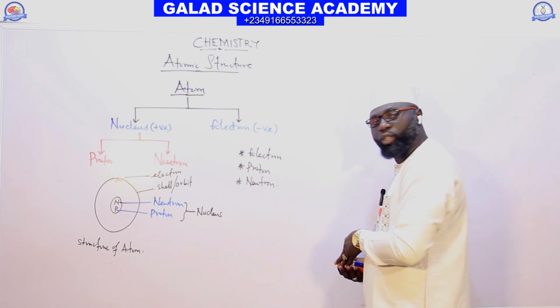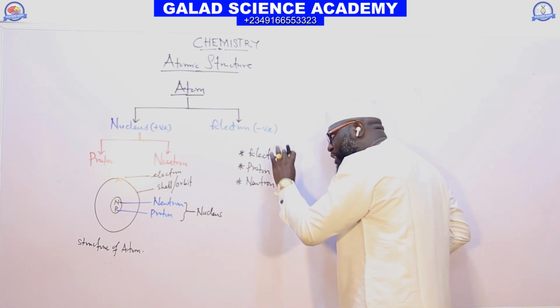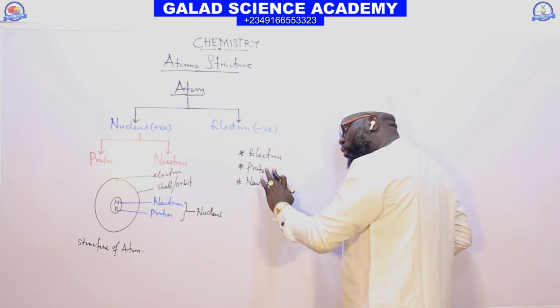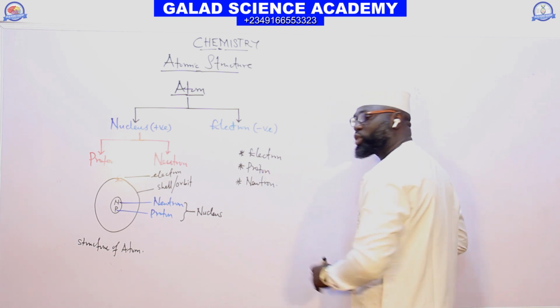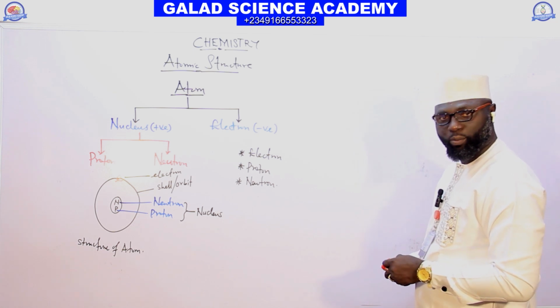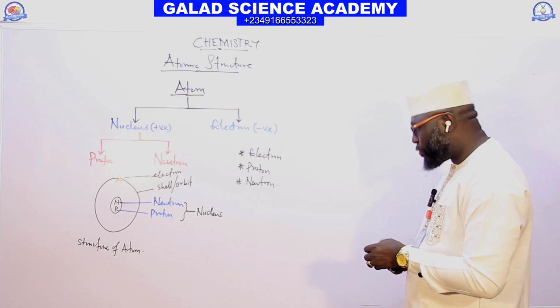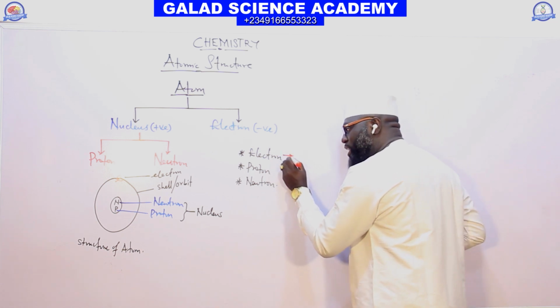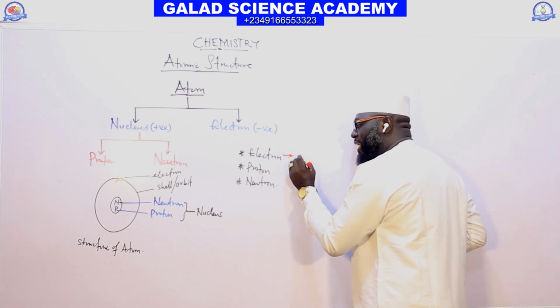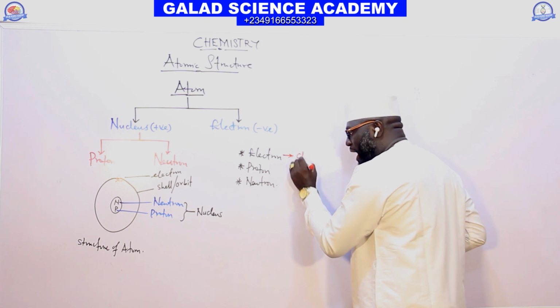But what is the function of the electron in an atom? What is the function of the proton in an atom? What is the function of the neutron in an atom? The function of the electron is that it is involved in chemical reaction.